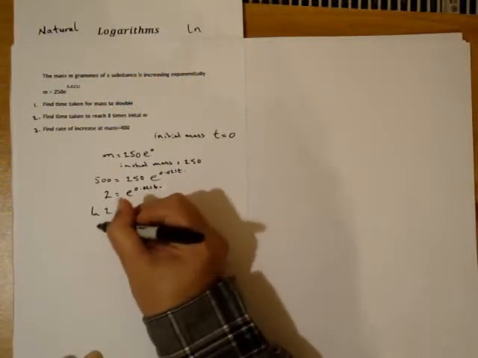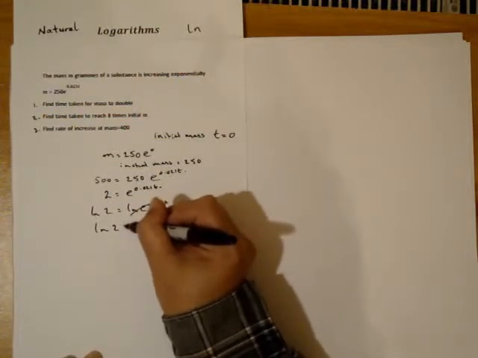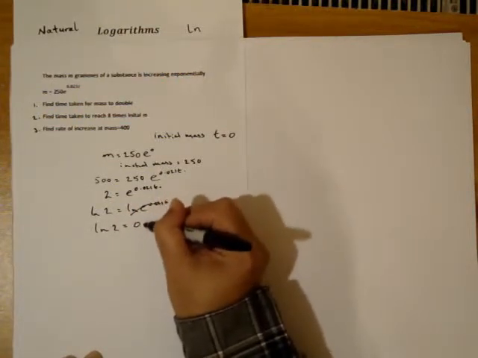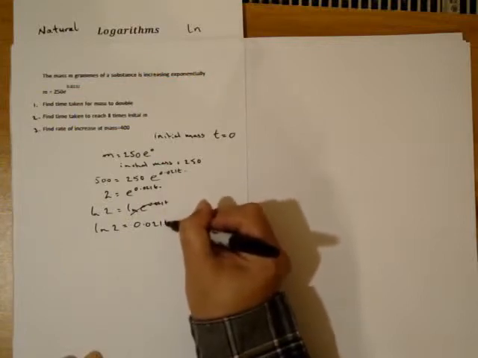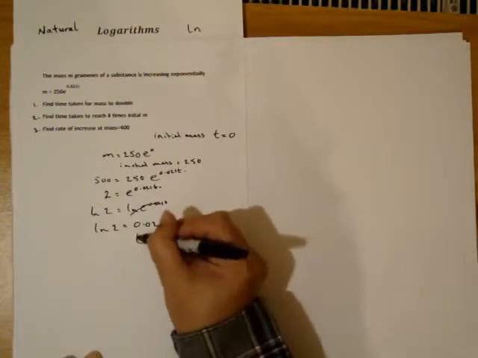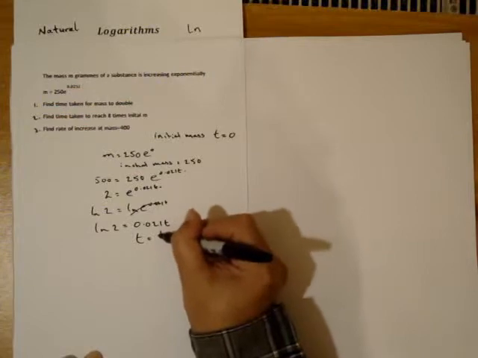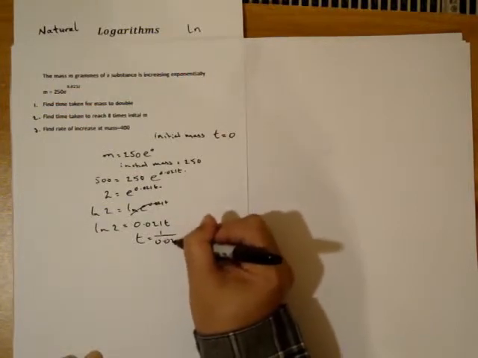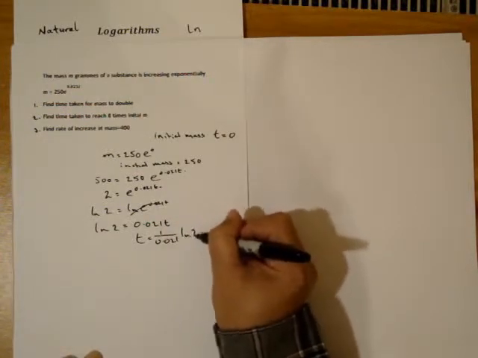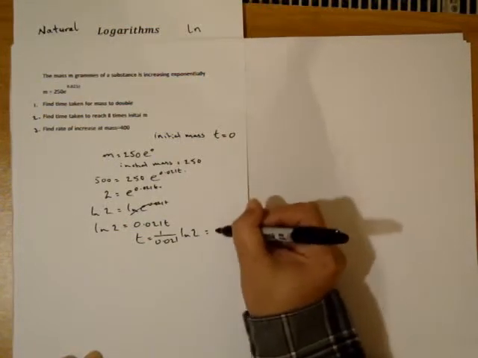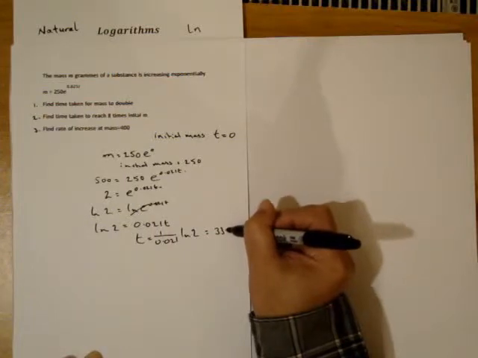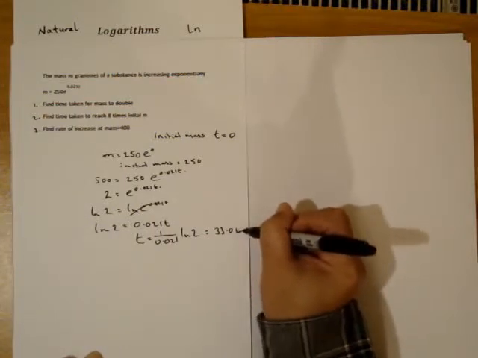So this would cancel, leaving natural log of 2 equals 0.021t. So t then equals 1 over 0.021 times the natural log of 2, which is approximately 33.0 hours.